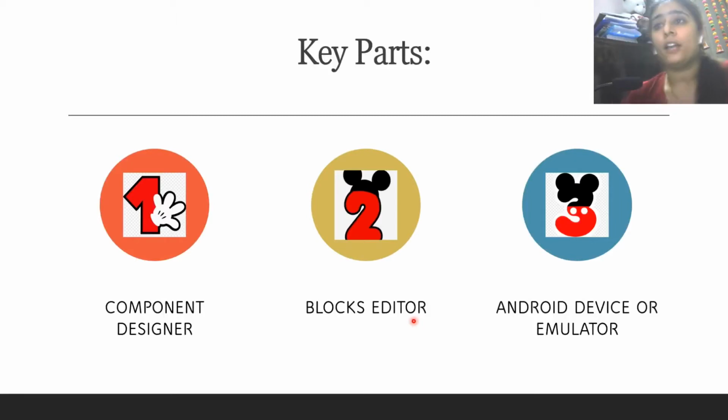The third one is the Android device or emulator. The Android device can be your phone or tablet, and you use it to run and test your apps. If you don't have an Android device, you can test the apps with the Android emulator that comes with the system. MIT App Inventor is compatible with Google Chrome, Mozilla Firefox and Safari browsers.